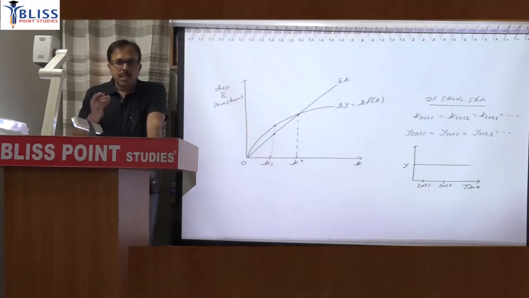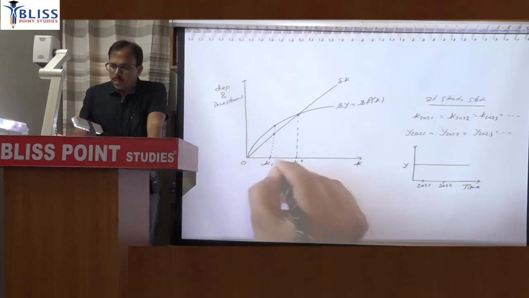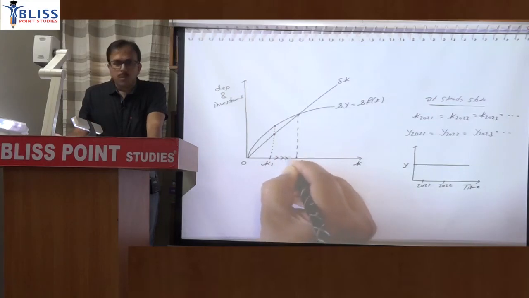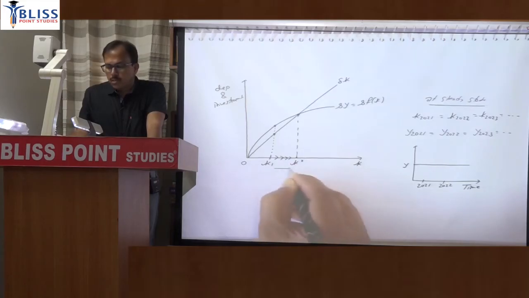That means decrease is less, increase is more. So the stock is reducing less due to depreciation, but it is increasing more because of investment. So the stock of capital will increase. The next period stock of capital will be higher, further higher, and so on. So it is moving towards steady state.